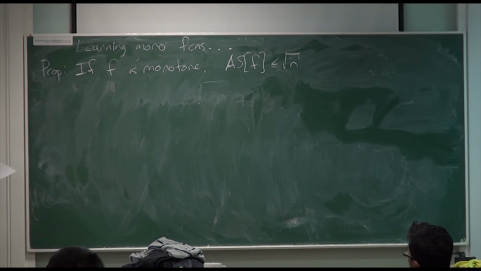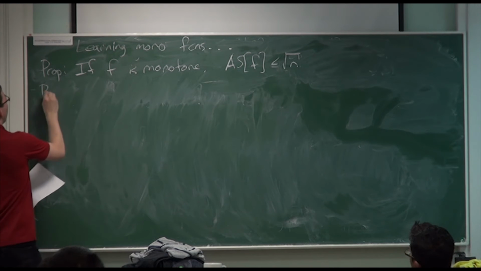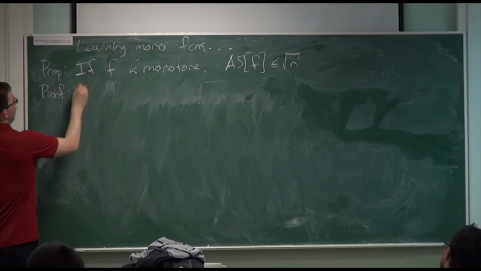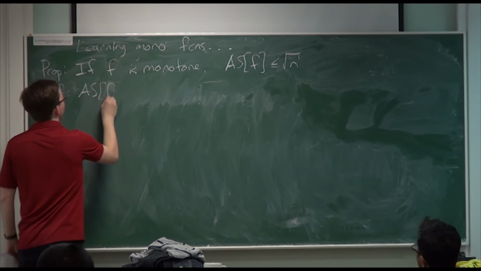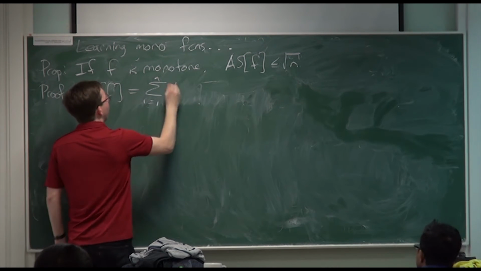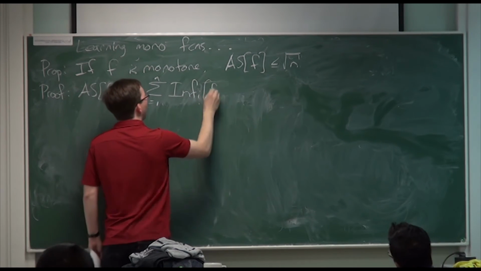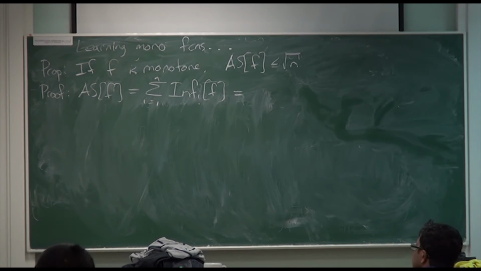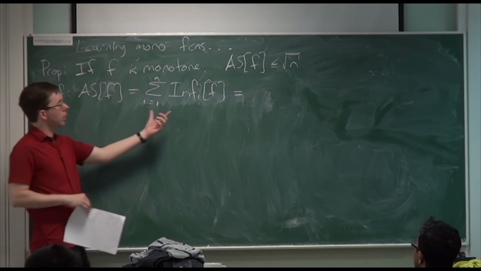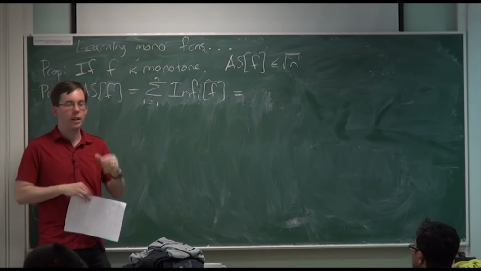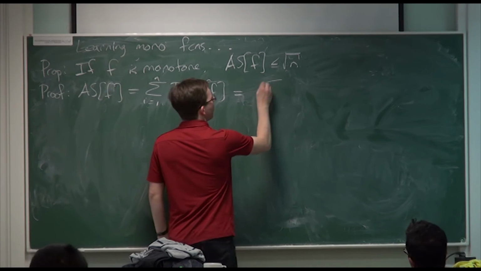Okay, and the proof of this is pretty simple. Well, the average sensitivity of f is the sum of the influences. Now we use this fact, for monotone functions there's a different, equal expression for the influence. It's just the degree 1 Fourier coefficient, the cardinality 1 Fourier coefficient associated to that coordinate.